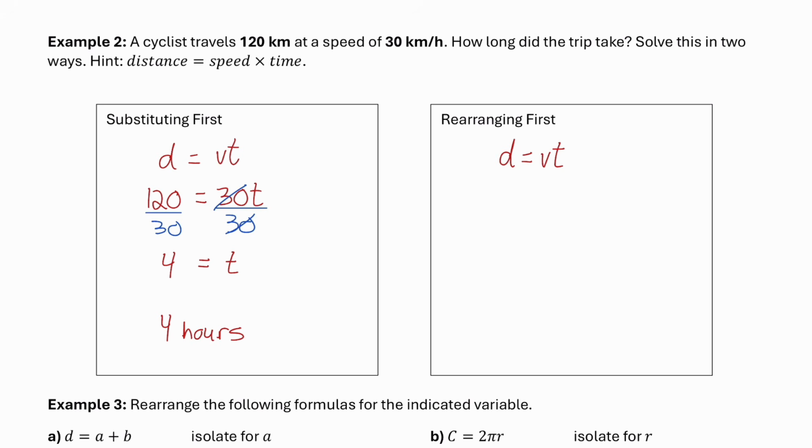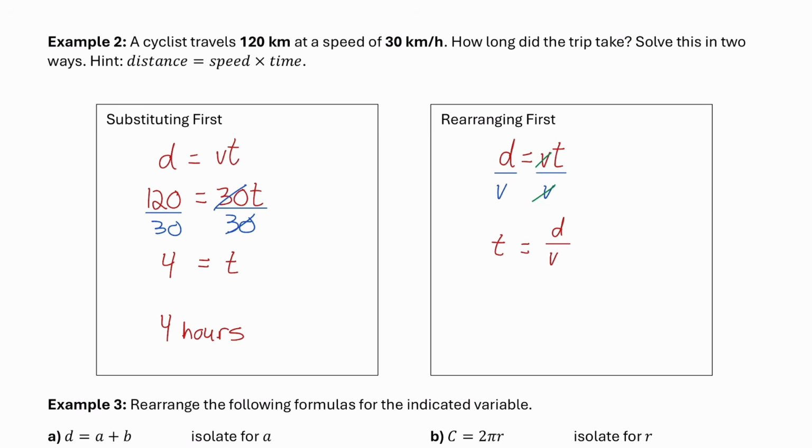I'll treat v as if it's a number, so that v is being multiplied by t. To move it to the other side, I would have to divide by v. And to keep the equation balanced, I'd have to divide both sides by v. On the right side of the equation, the v's cancel, leaving me with d over v is equal to t. Or equivalently, I could say that t equals d over v.